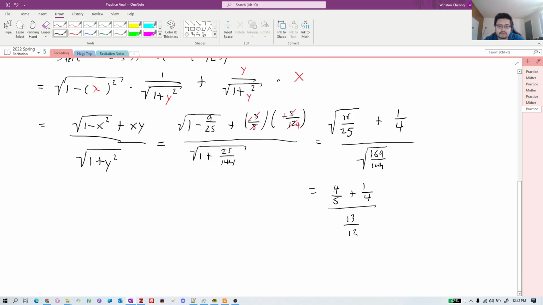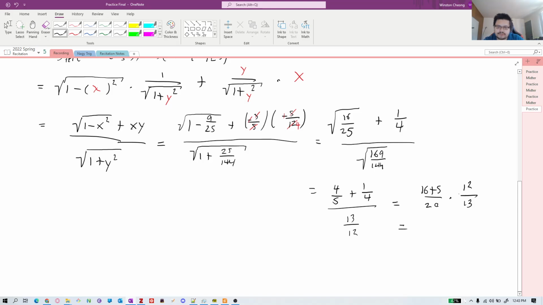Okay, right. I wonder if I'm close. What if I made a mistake? I'll check at the end. So common denominator would be 20. 16 plus 5 over 20, and then let's reciprocate this fraction, so multiply it by 12 over 13. Okay then.